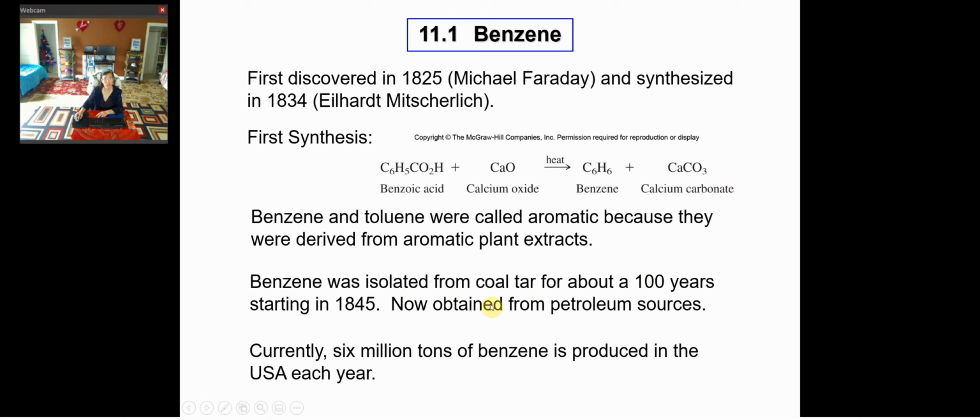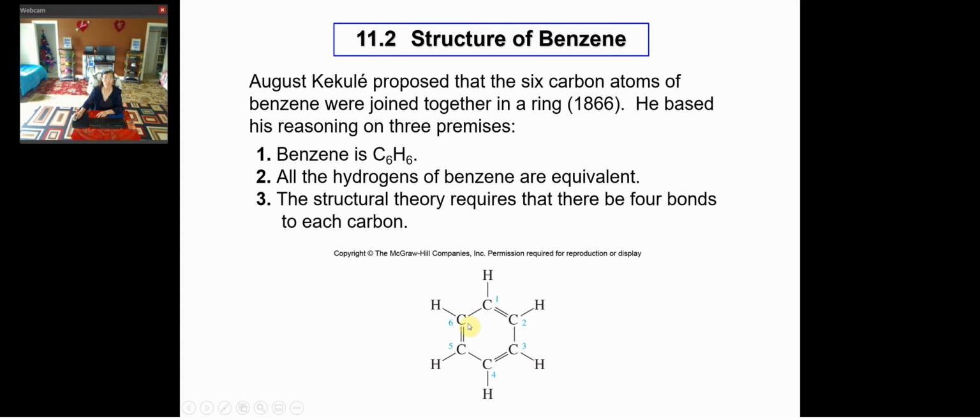Now you can obtain benzene from petroleum resources. Benzene is used dramatically every year. In the United States, we use 6 million tons of benzene and produce 6 million tons.